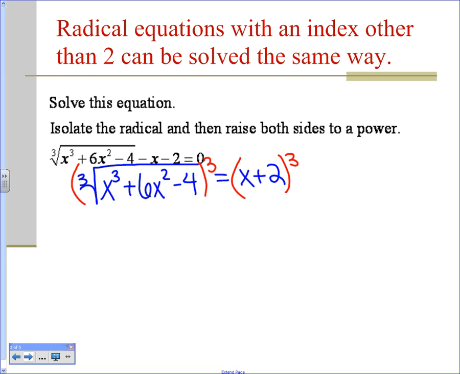Y'all see how that works? Yes, you were going to have to FOIL it. But first, what happens to the left side? Yeah, the stuff that was in the radical. Y'all see how that works? So how am I going to deal with this stuff on the right side?